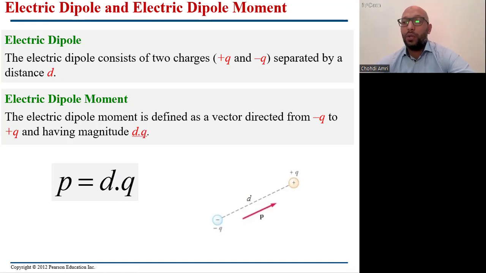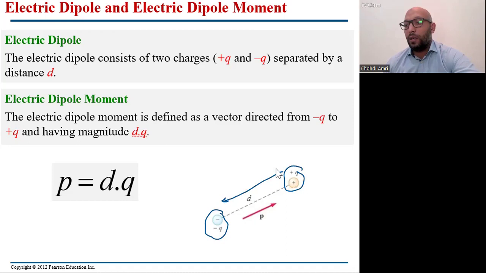They have the same magnitude, but are separated by a distance d. In this configuration, as you see here, we have a negative charge and a positive charge separated by distance d. This is minus q, this is q. They have the same magnitude q. In this case, we call this configuration an electric dipole.